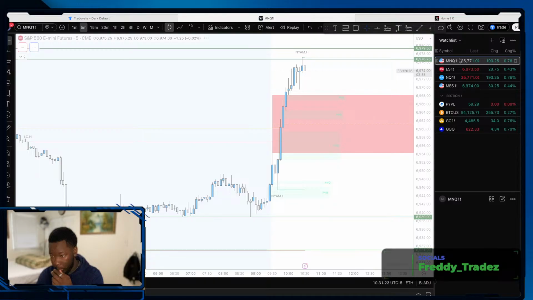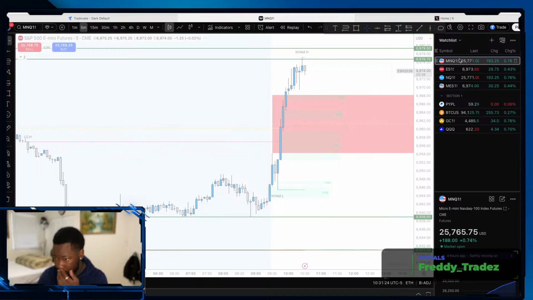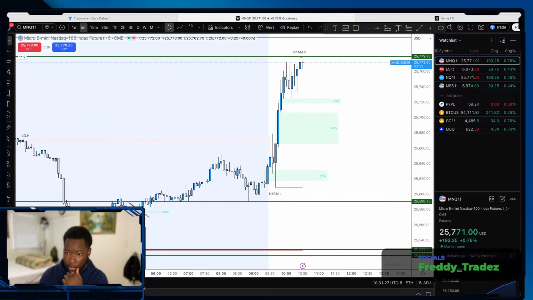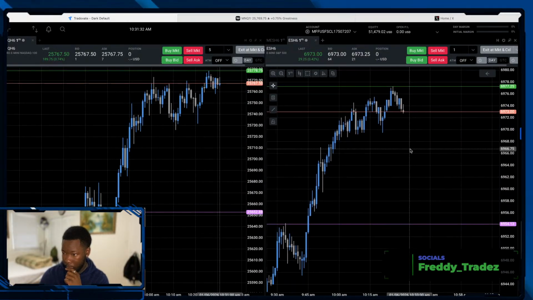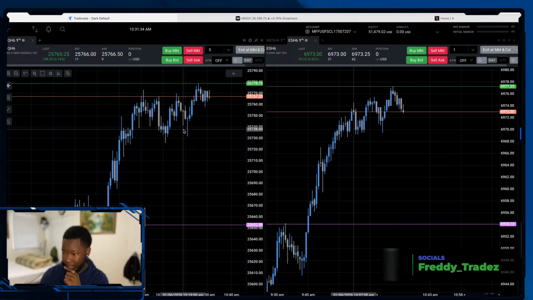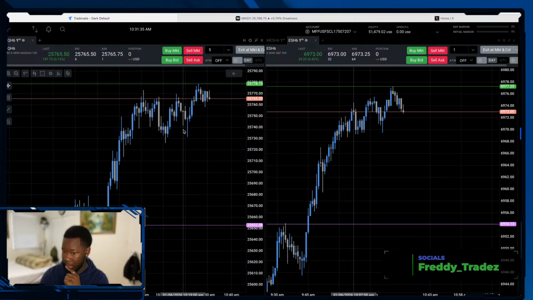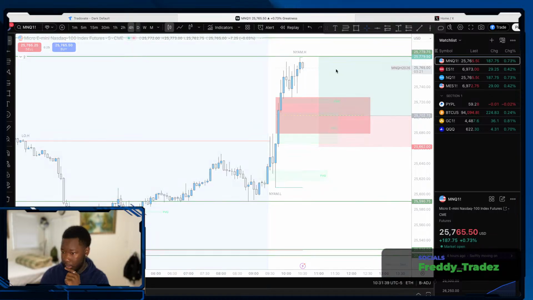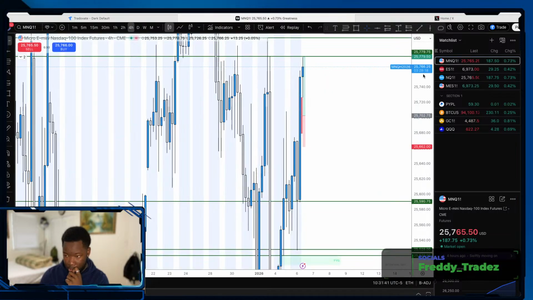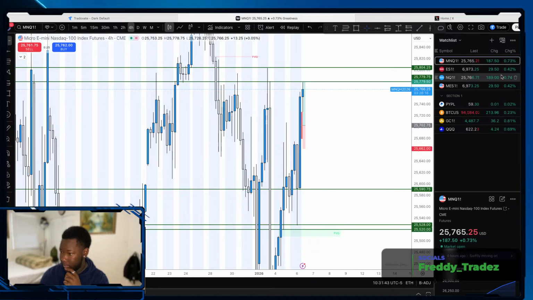Determine if ES still seems to be stronger than NQ. Sometimes that tends to flip, so I like to check. But ES took out this 4-hour high. Let's tap into this 4-hour gap.